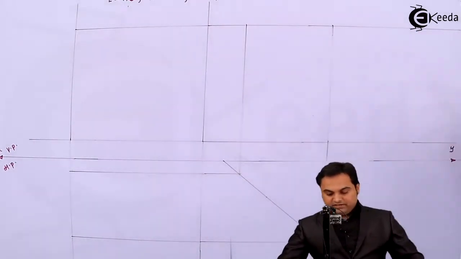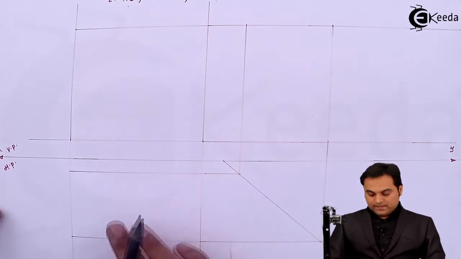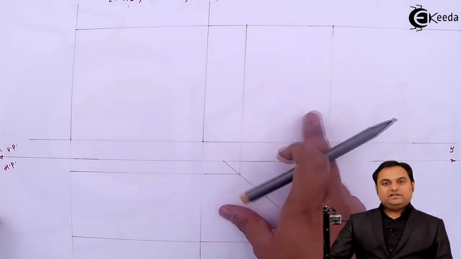Now inside this rectangle, I'll draw the side view. So here will be the front view, over here the top view, and over this the side view.